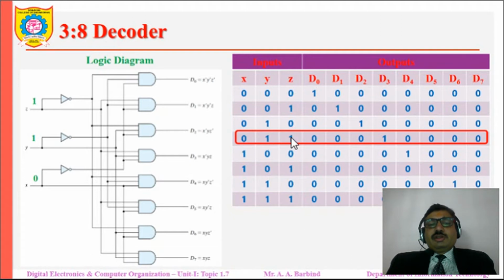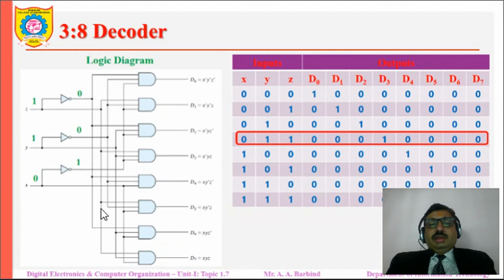Okay, so when XYZ input is 0, 1, 1, then in that case what will happen? The outputs of these inverters will be 0, 0, 1 in this fashion respectively.